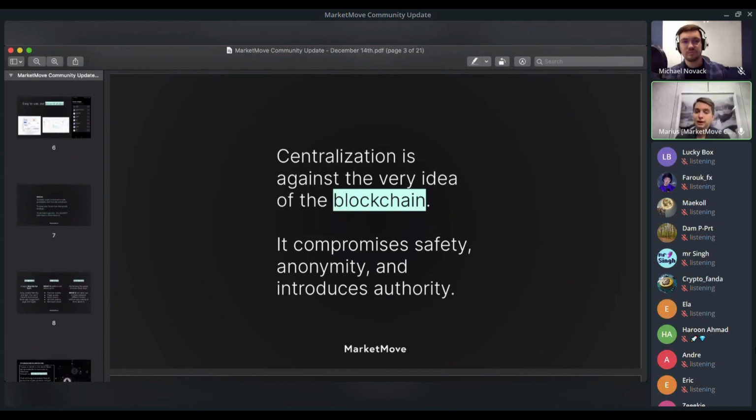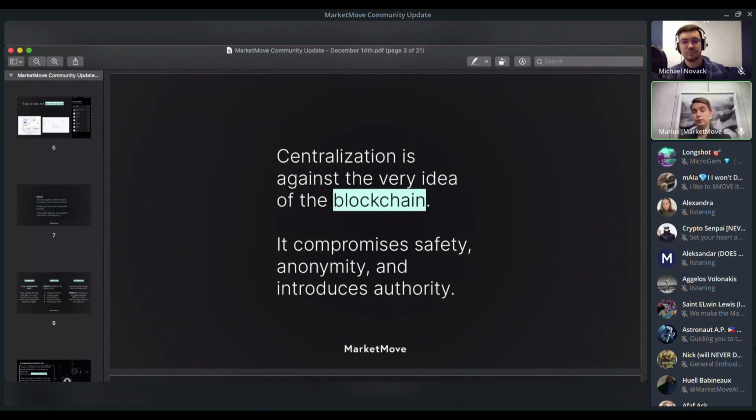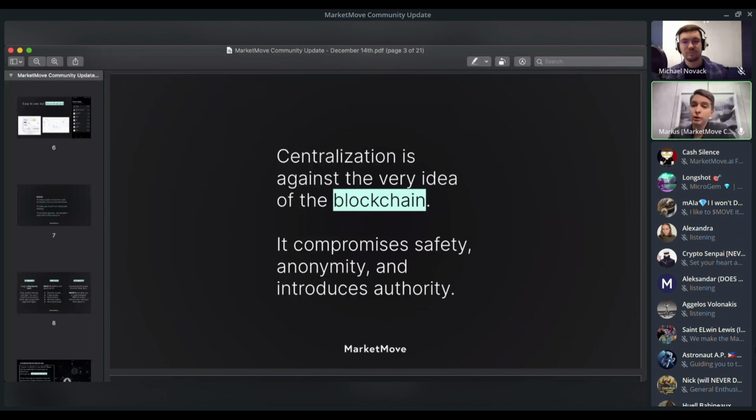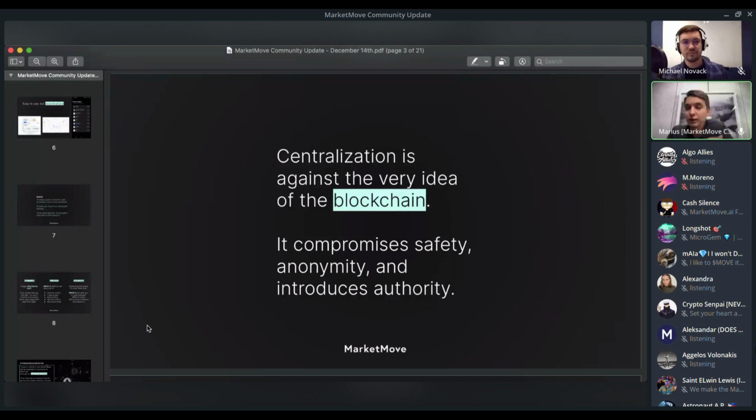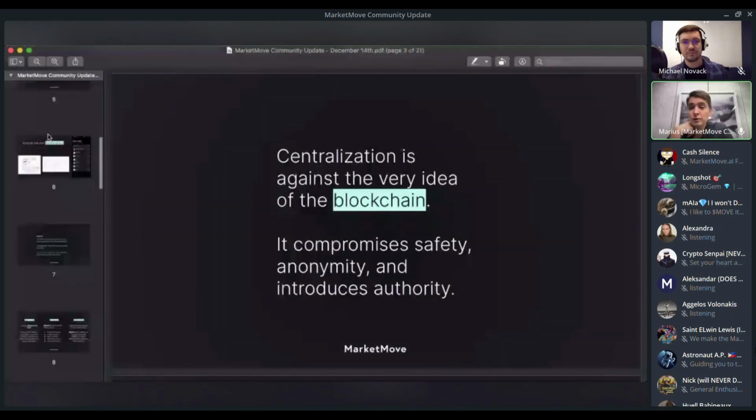Centralized assets are not really that safe. You still need to pass KYC, so you lose the anonymity factor. There is some authority which can decide if they want to give you back your funds, or if they want to block them for some reason. So there are certain problems that come with centralization.